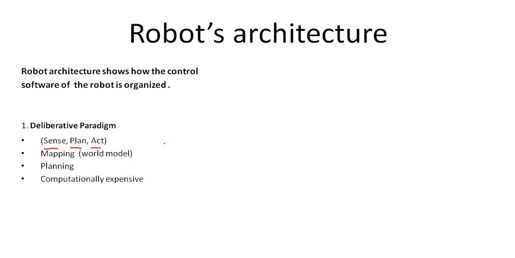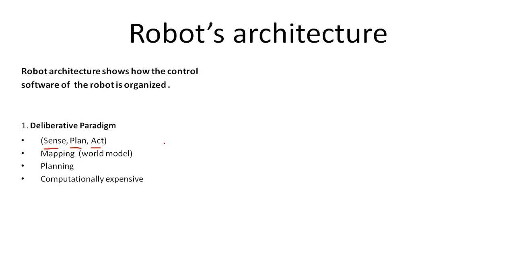Because planning can be computationally expensive, this can be considered one of the disadvantages of deliberative types of control architecture.